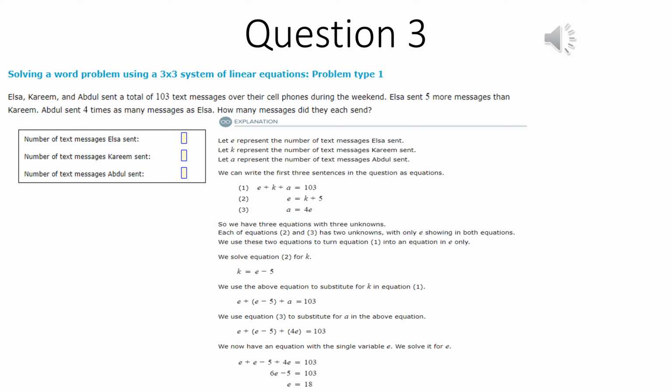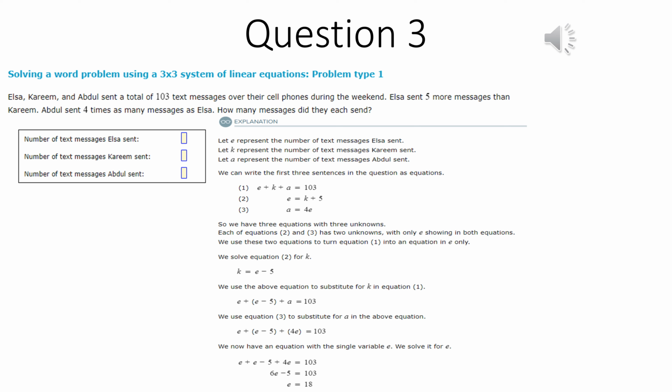This sentence is expressed as an equation. You represent E for Elsa, K for Karen, and A is Abdul. So the first sentence is E plus K plus A equal 103. This is my first equation.